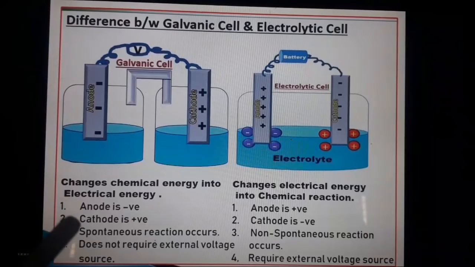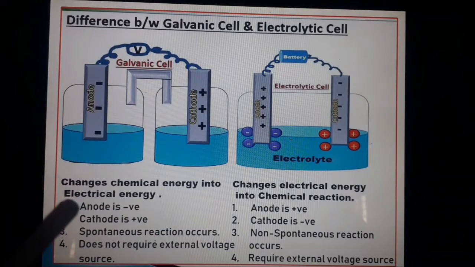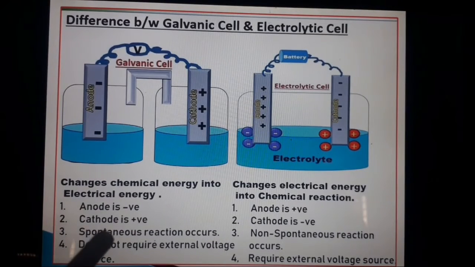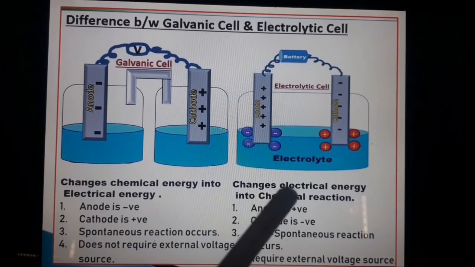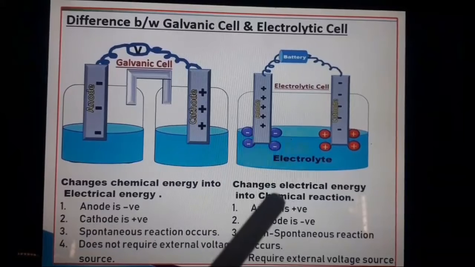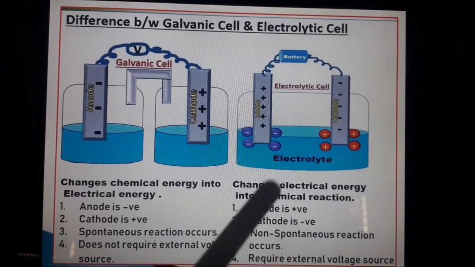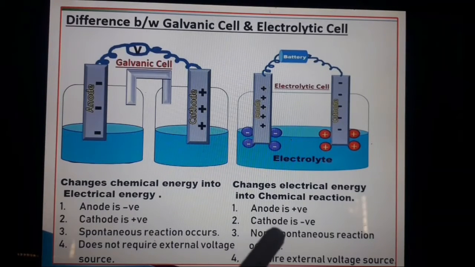First, in the galvanic cell, anode is negative and cathode is positive. The spontaneous reaction occurs and does not require an external voltage source. Next, in the electrolytic cell, electrical energy is converted into chemical energy; anode is positive, cathode is negative.